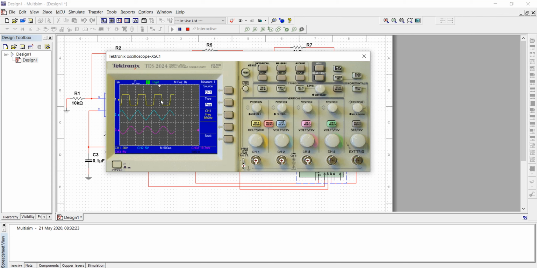We designed it for 1 kilohertz, but in practical cases, because of the resistance and capacitance values we are using, we get around 985 to 986 hertz.